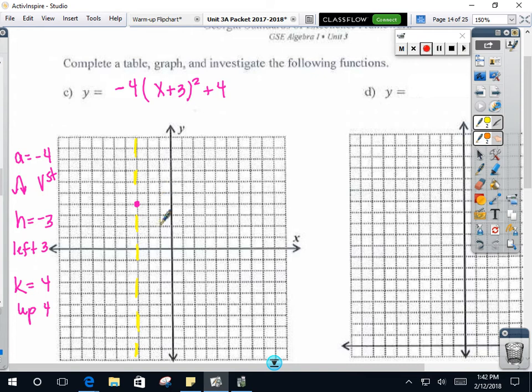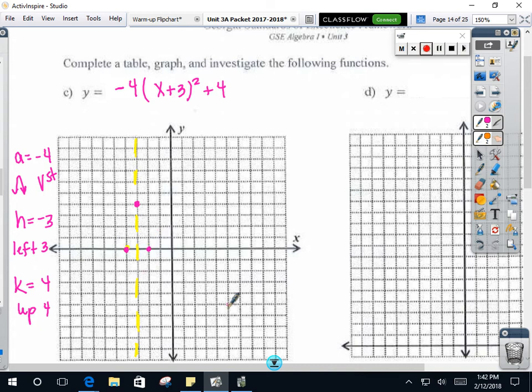The next 2 points can be found without the calculator also, because I know if A is negative 4, then to get to my next 2 points, I just go down 1, 2, 3, 4, and then over 1 each way. But if you don't remember to do that by looking at the A, just go to your table and those points will be given to you.